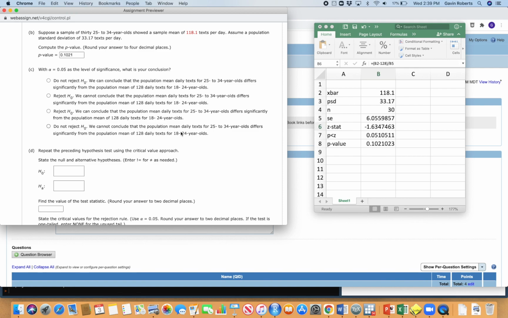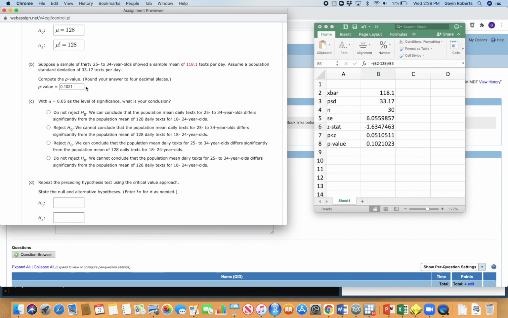Now, what does alpha tell us? Alpha 0.05, or 5%, means we will only reject the null hypothesis if our probability of being wrong by doing so is less than 5%.